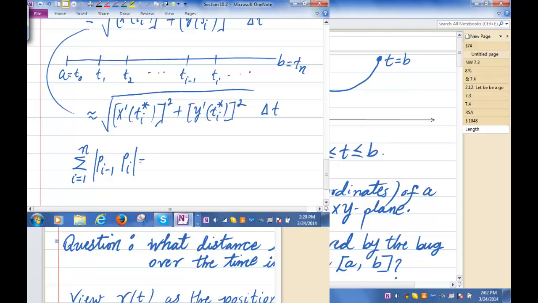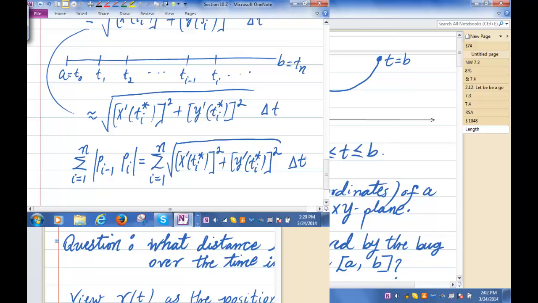Well, that's going to be equal to the sum, i going from 1 through n, and we obtained that this is the square root of x prime of ti star squared plus y prime of ti star squared, and then I get delta t.